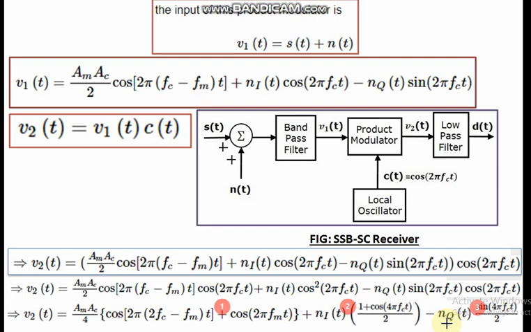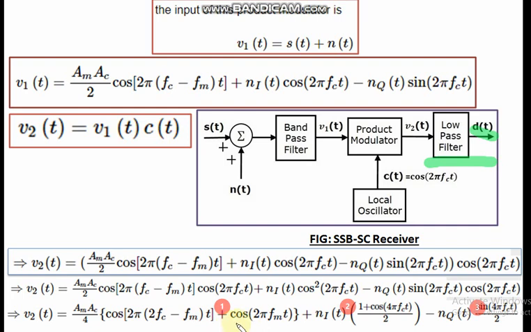Now what we have to select at the end of the receiver is what this low pass filter will pass as dt. Since low pass filter should contain only the message signal, we will watch where is only message signal.